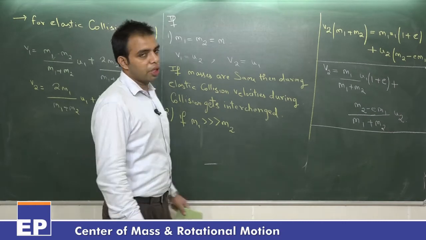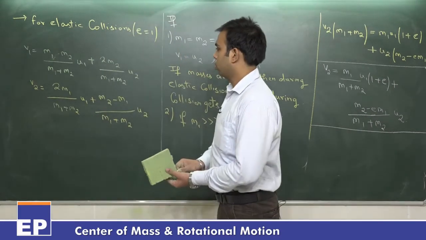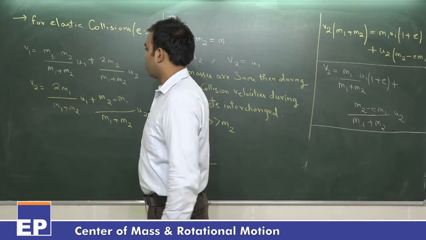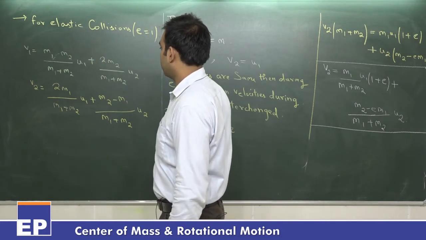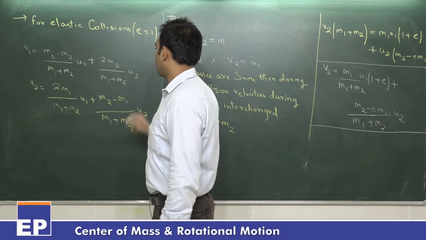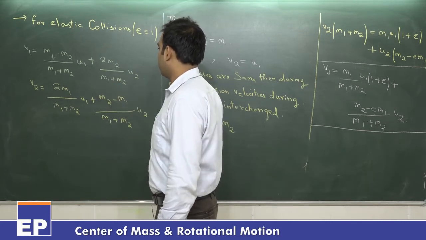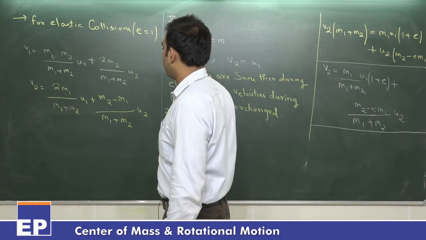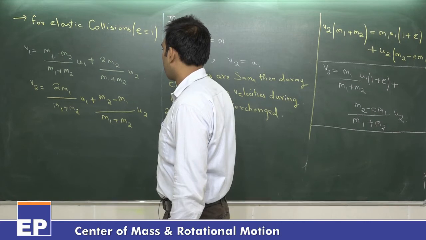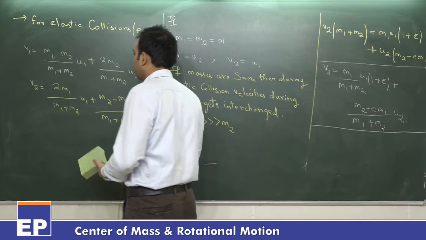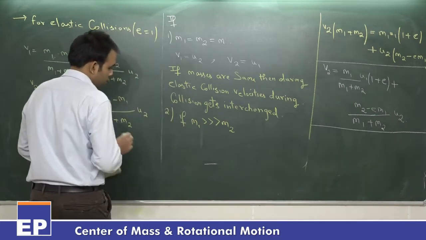If m1 is very much greater than m2, अगर m1 m2 से बहुत बड़ा है तो it will become m1. m1 plus m2 also becomes m1, and here it will become 2m2 by m1 plus m2 into u2. और अगर m1 m2 से बहुत बड़ा है तो tends to 0 करेगा, तो v1 will come out to be u1.